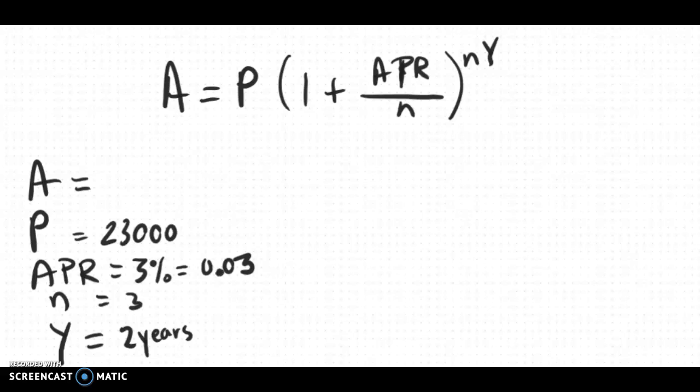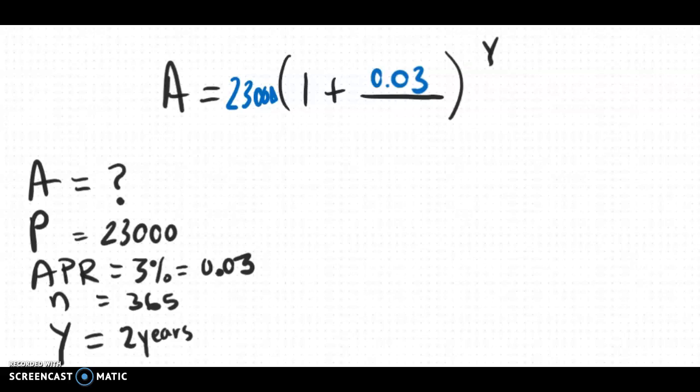And because it says daily, that's 365. I am looking for the future amount, so that's my unknown. So I'm going to go into my formula and fill in the things that I've just learned. So 23,000 will go in place of P. I'm going to erase this APR and put in 0.03.